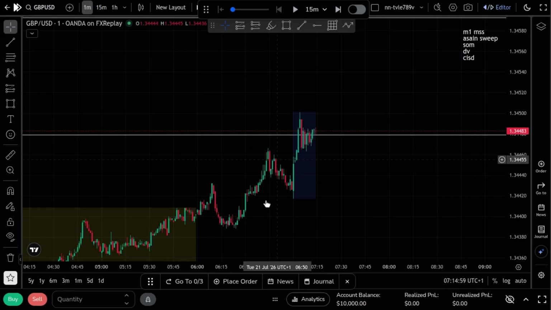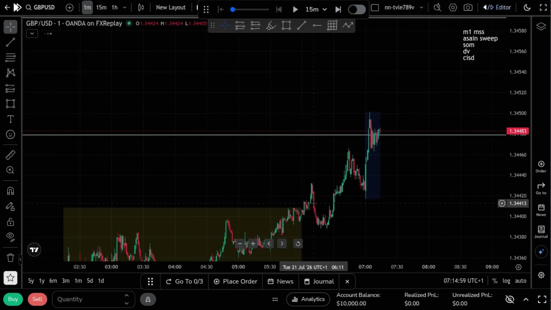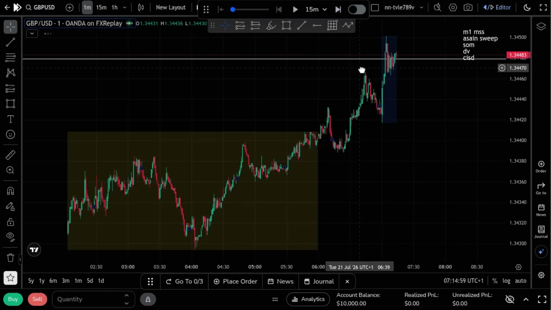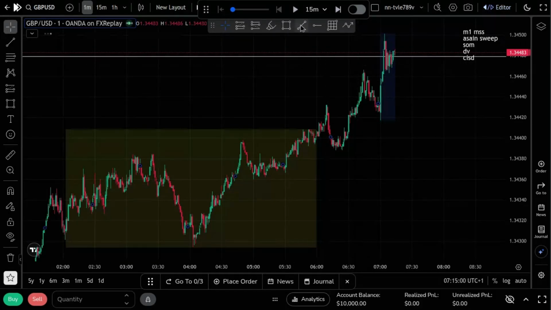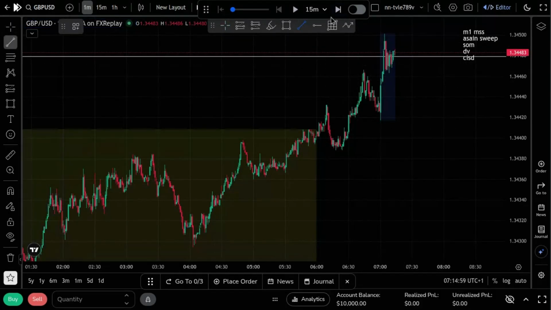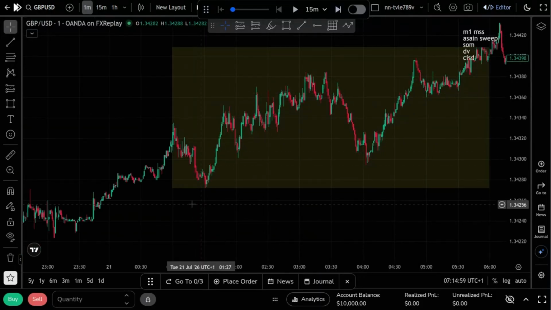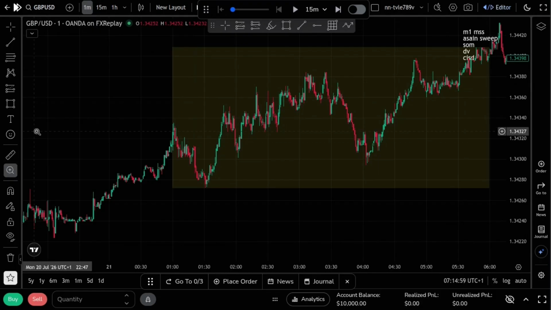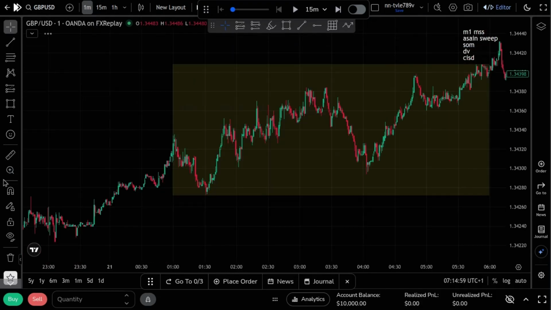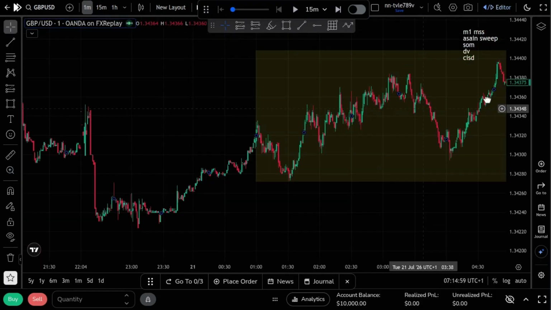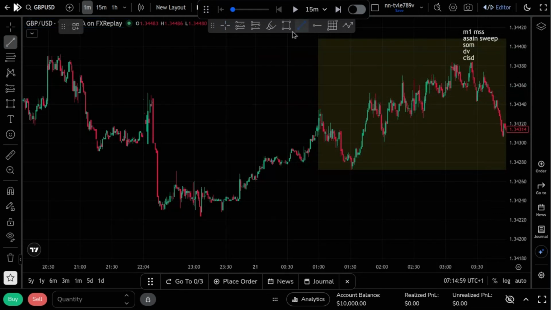Firstly, I want to see an M1 market structure shift, which means a very vivid break before price starts to pull back into my zone. So this is going back to where the structure starts to pull back, and then bang, this is the break.